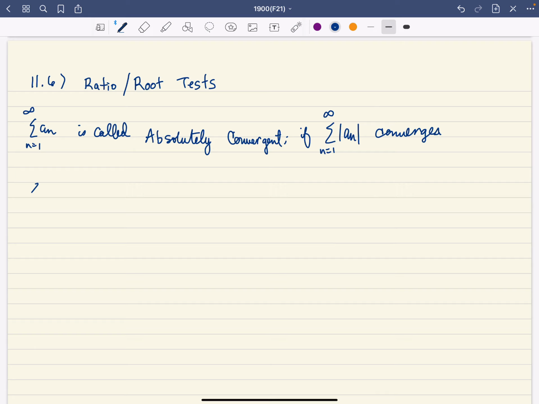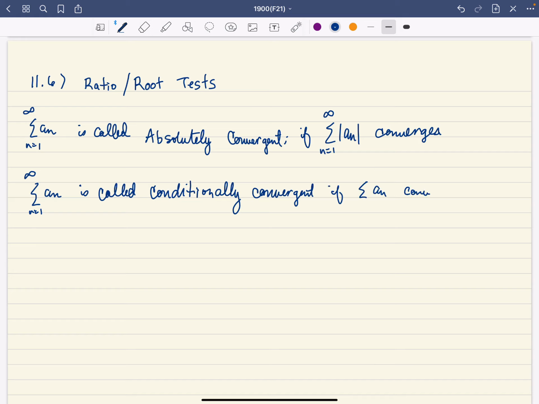This is in contrast to what's called conditional convergence. The sum a sub n, again starting at 1, is called conditionally convergent if the series converges, but when you take the absolute values, you get a divergent series.